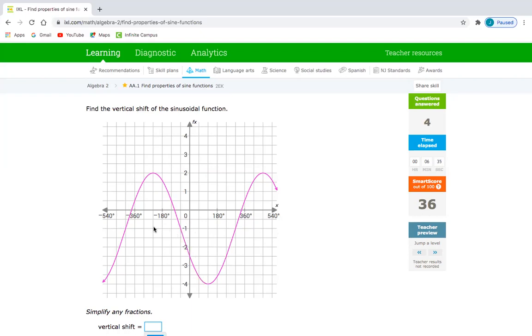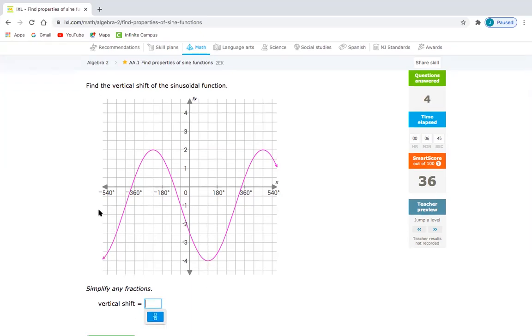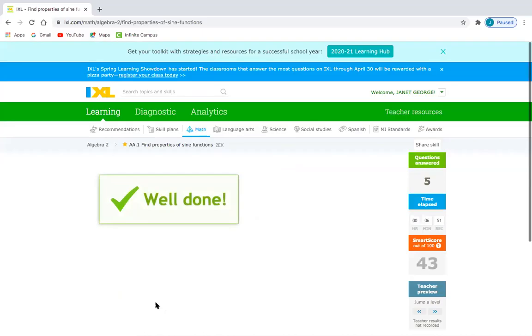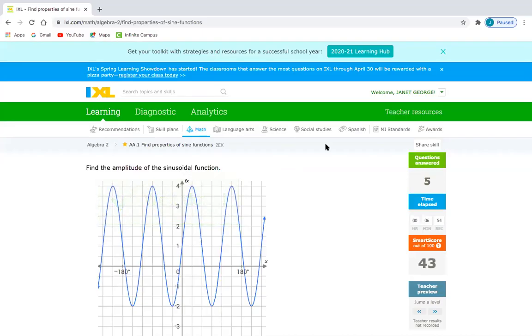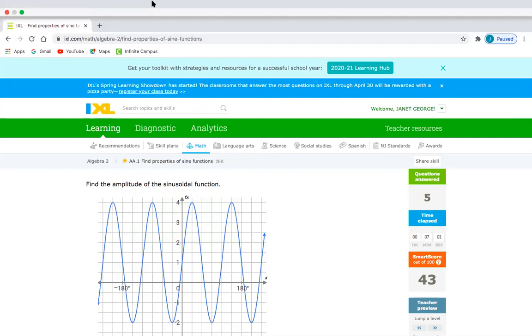How do you know? If you go in here 1, 2, 3, and you go to the other half 1, 2, 3, so it is at -1. So the vertical shift is -1.